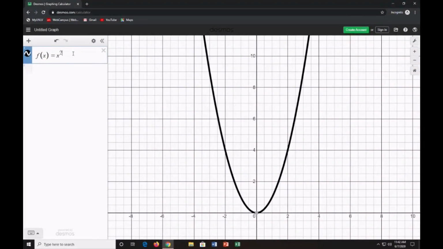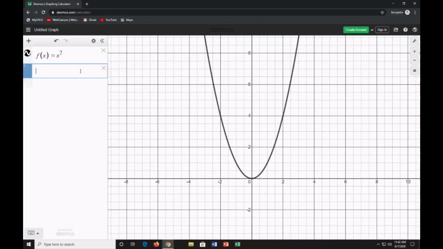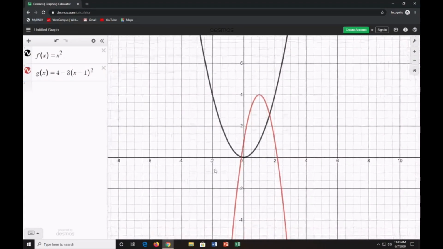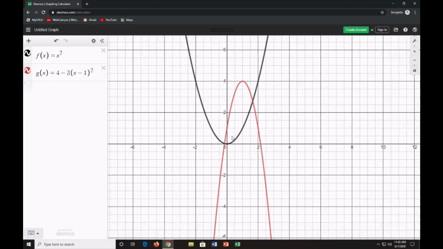So our original function is the quadratic function, right? We want to transform this according to this g of x function that equals 4 minus 3 times x minus 1 squared. Notice this reflection across the x-axis means the flipping. The flipping of the graph is the same thing as saying reflected across the x-axis for this curve.